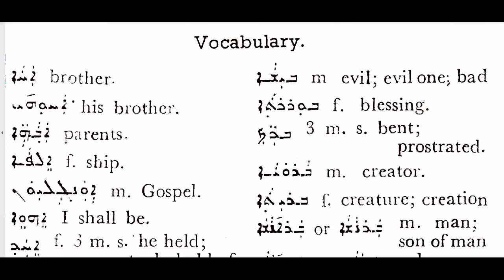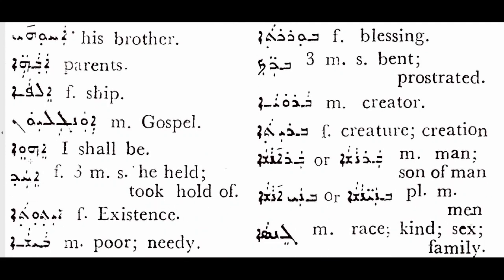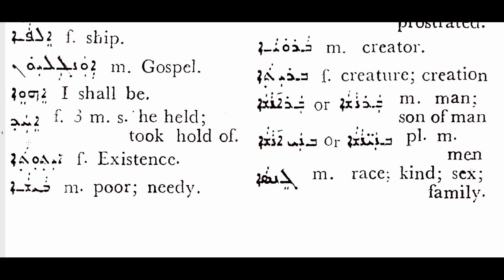So vocabulary: akha, brother; akhu, his brother; awahe; ilpa; evangelion; ihwe, I will be; echad, like he grabbed; ithutha, so existence as the existing one, describing God.